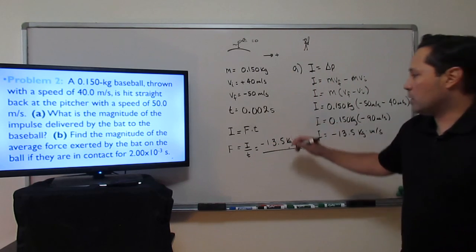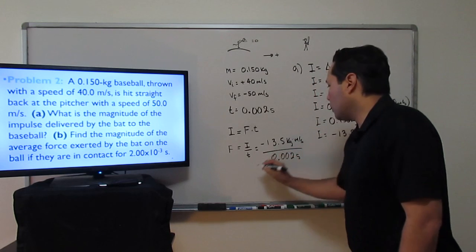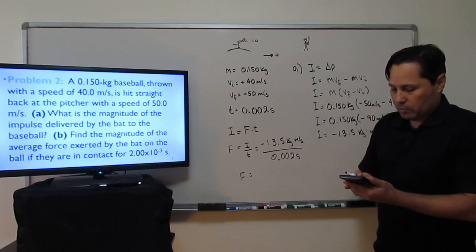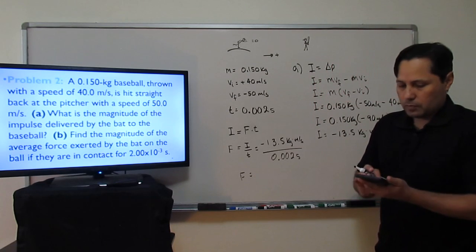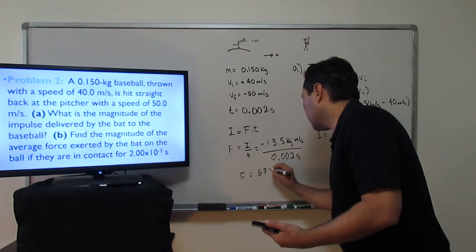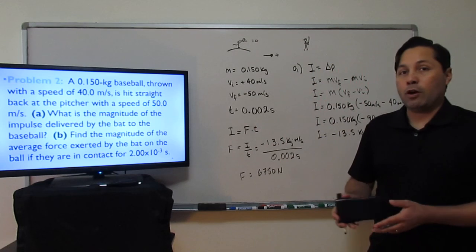The time is given to us, 0.002 seconds. So we divide both of these to get the force. So it's going to be 6,750 newtons of force. That takes care of parts A and B on problem number 2.